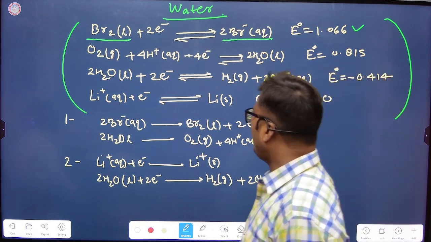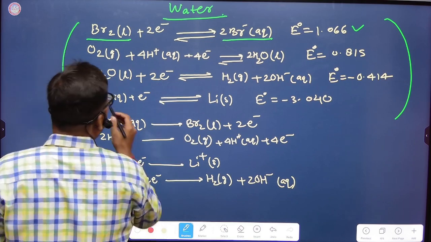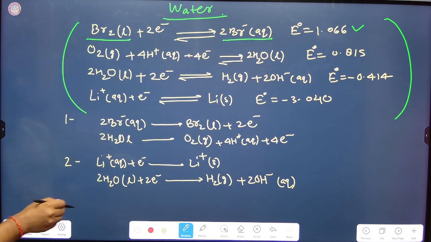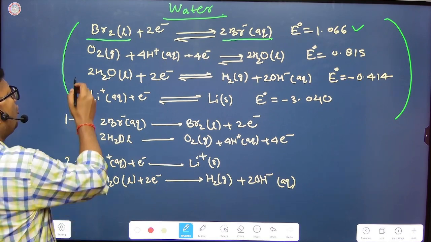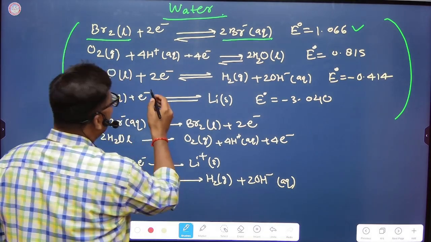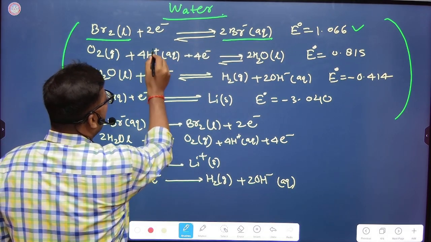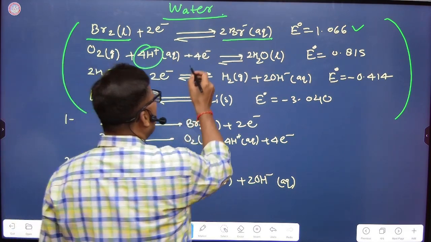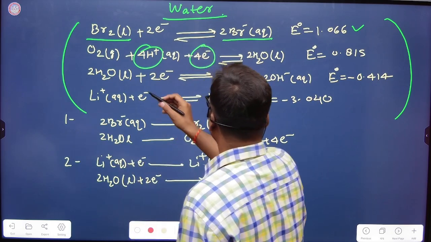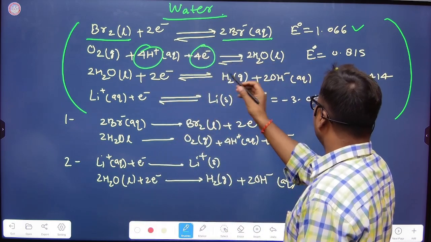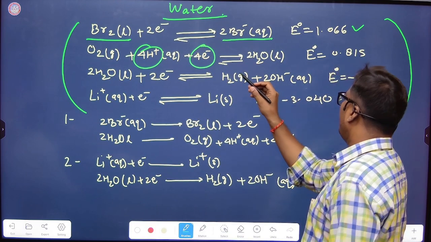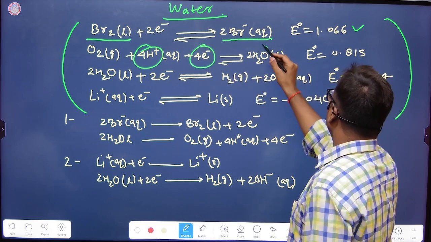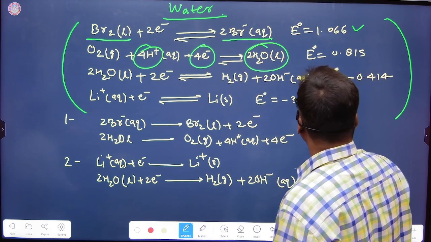But another possibility is that oxygen present in the water, so this oxygen gas in the presence of 4 moles of hydrogen ion receives 4 electrons. So this is also another kind of reduction reaction, which converts into 2H2O, that is water.